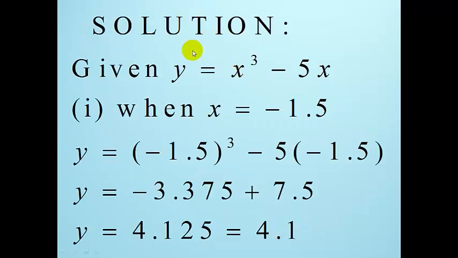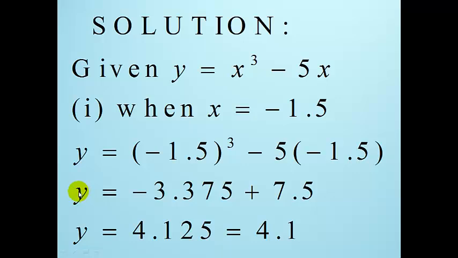Now solution. Given y equals x cubed minus 5x, when x equals minus 1.5, how do you find the corresponding y? We do substitution. Wherever you see x, you put minus 1.5. So we have y equals minus 1.5 cubed minus 5 times minus 1.5.